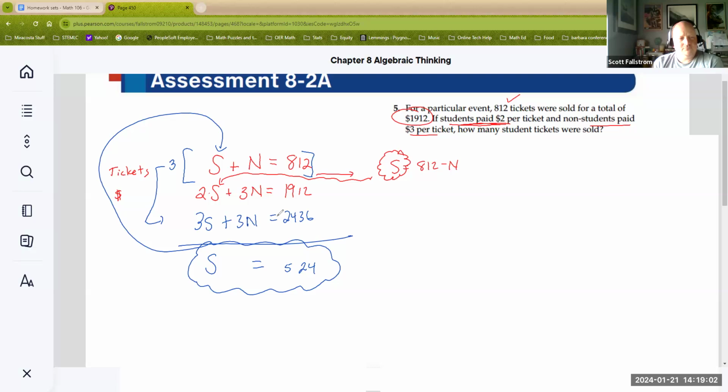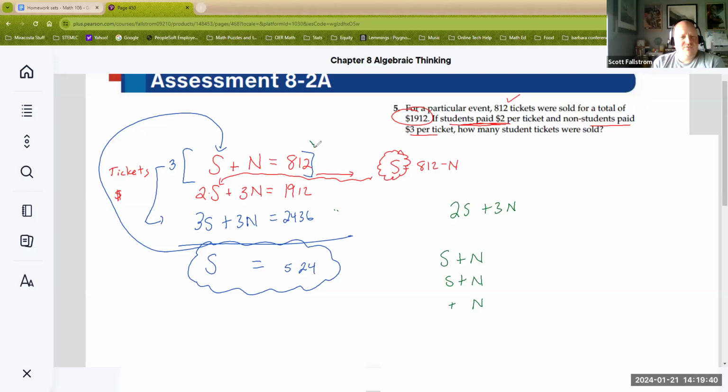Okay. That's one approach. Could you solve this with pictures? And the answer is, oh, heck yes, we could. So what we could say is we have these two equations still, right? And here comes the fun. If you know that you have 2S plus 3N, these are like piles of money that came from these tickets. Think about what you have. You have S plus N, you have S plus N, and then you have an N, and they just happen to all be added together because that's really 2S's and 3N's.